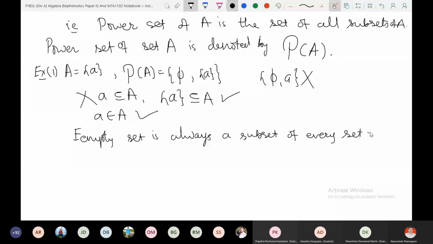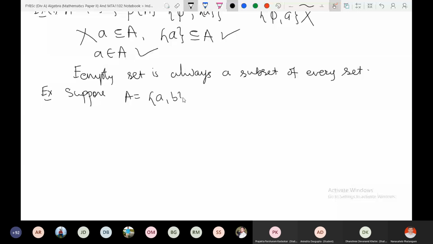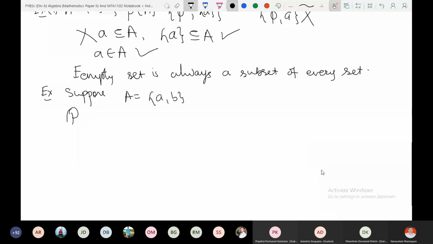And therefore, when we talk about the collection of subsets of a set, the empty set must be there. Right, fine. Now let us go to the next example. Suppose A has two elements, a and b. Then write down the power set of A. Phi, a, and b.